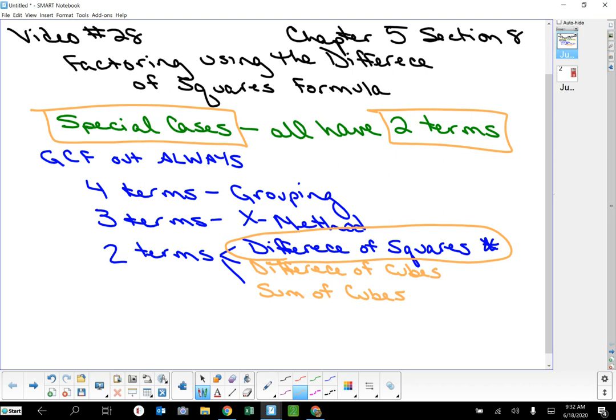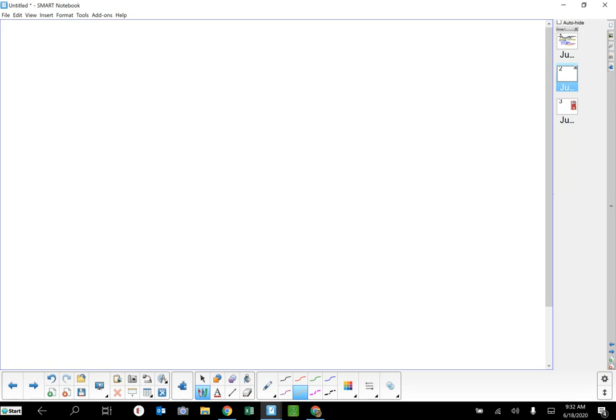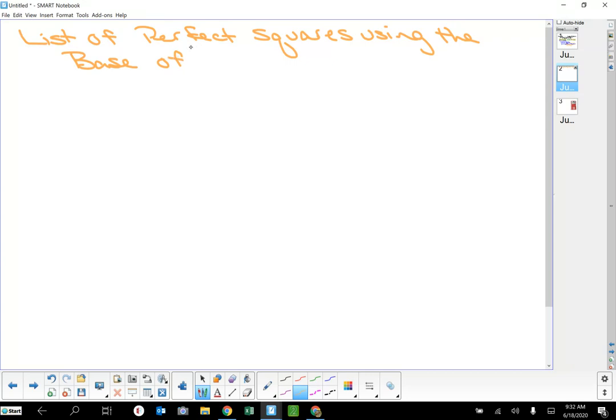okay? So the first thing I want to do is actually list out all of your perfect squares from 1 to 15, using the bases of 1 through 15.